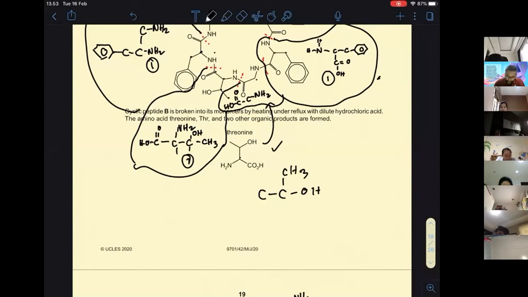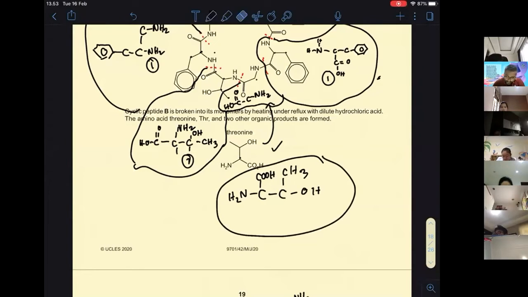And then this carbon is bonded to COOH and then NH2. So this structure, it's not belong to this. I think this structure belongs to this, is similar to number 2.